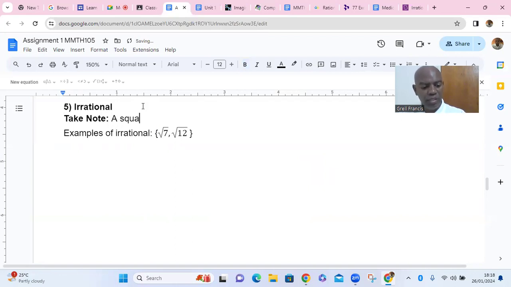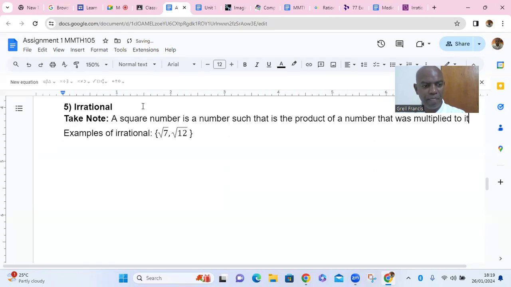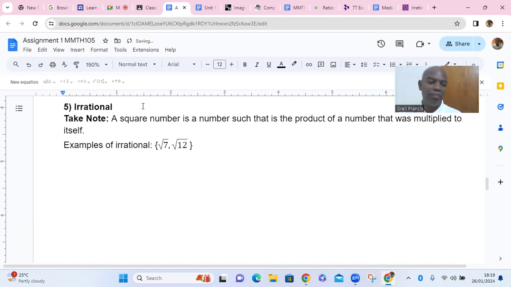A square number is a number such that it is the product of a number that was multiplied by itself. That's how you get a square number. You have to take a number and multiply it by itself.